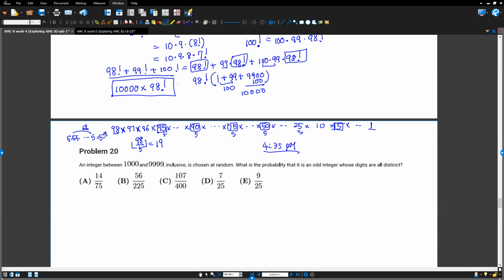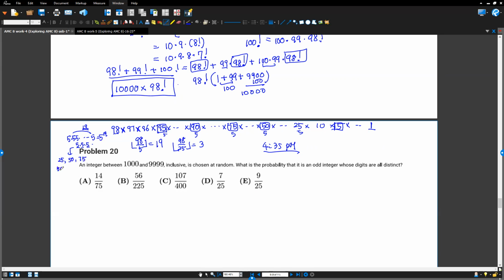How many numbers are multiples of 25? 98 divided by 25 is 3, isn't it? We get 3 more factors of 5. Where is this coming from? The doubles: 25, 50, 75.